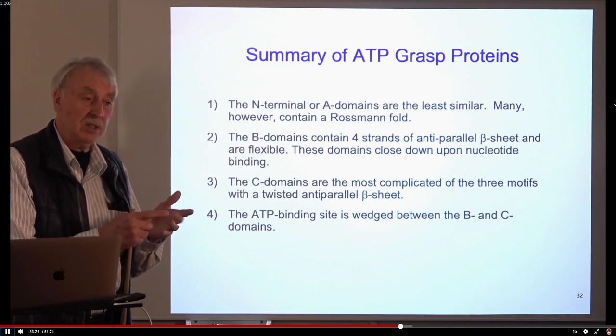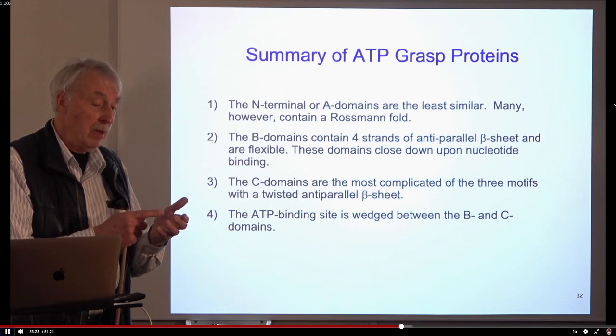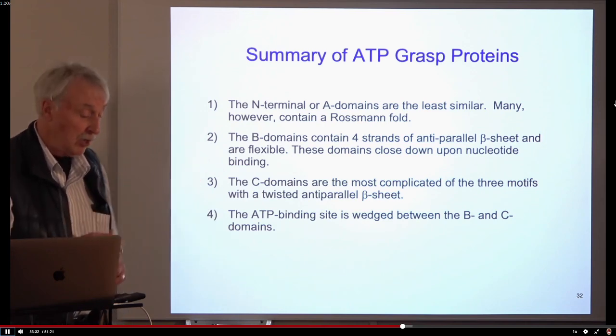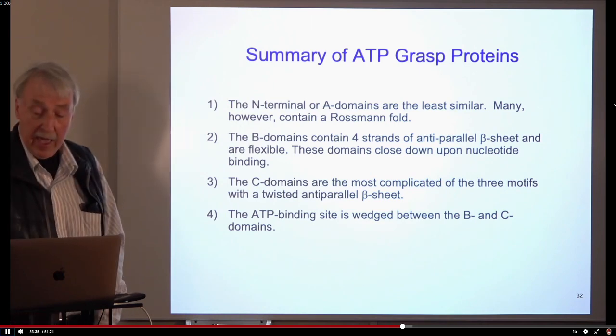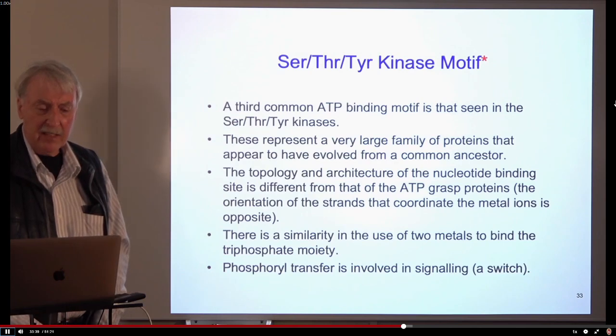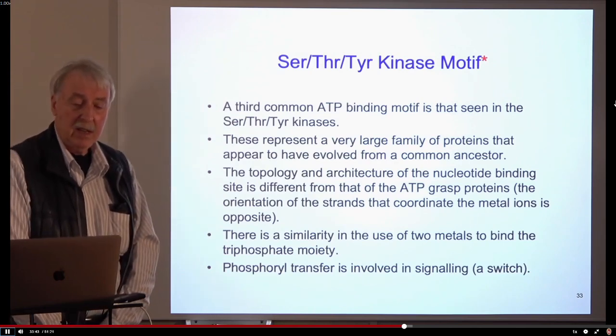Those are the magnesiums, and typically you have lysines and arginines in the active site. You have to be able to, in this case, bind the ribose, and you have to be able to distinguish between ATP and GTP.